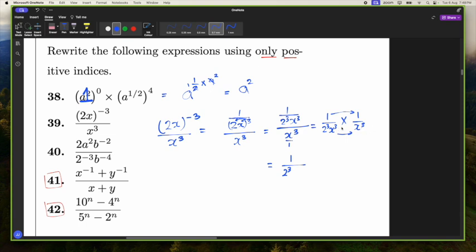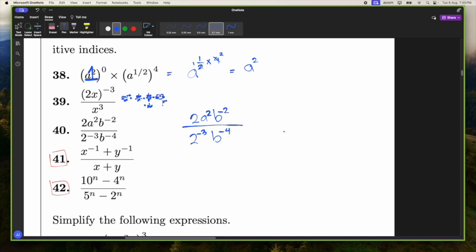Well, I add my indices, and you will get x to the power of 3 plus 3. 3 and 3 is 6, because you have to add the indices. So we have 1 all over 2 cubed x to the power of 6. That is the final answer.